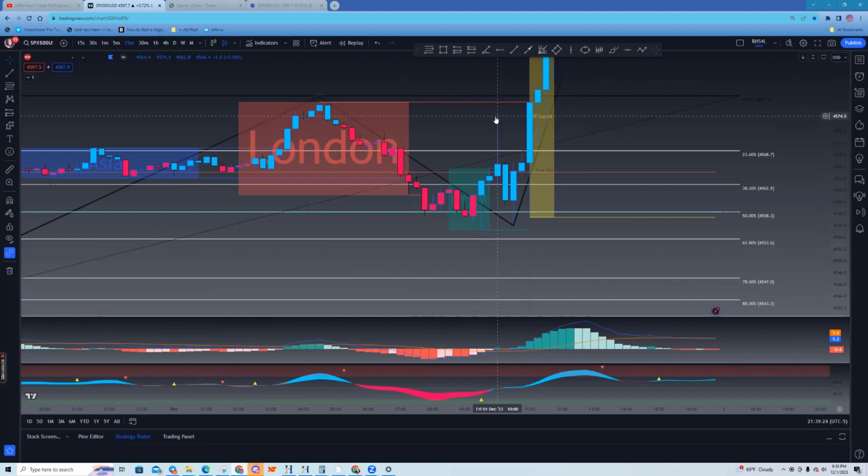I remember trading this today because it wasn't looking as good as US 30, and I was like, come on, S&P. US 30 already broke the highs. What are you doing? Because when you're trading the indices, you don't want to trade them together. Some people do it, I don't know how.